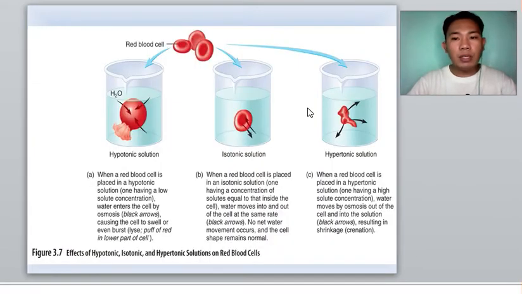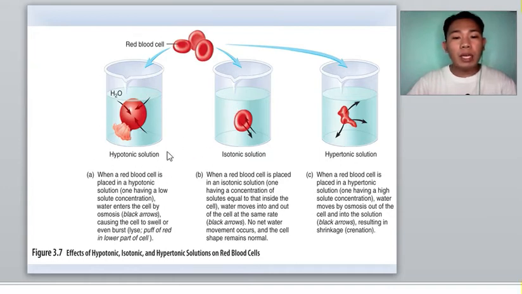This illustration will help us to explain the effects of the hypotonic, isotonic, and hypertonic solutions on red blood cells. Notice that we have three solutions here. These are hypotonic, isotonic, and hypertonic solutions. In each beaker here, we place a red blood cell.